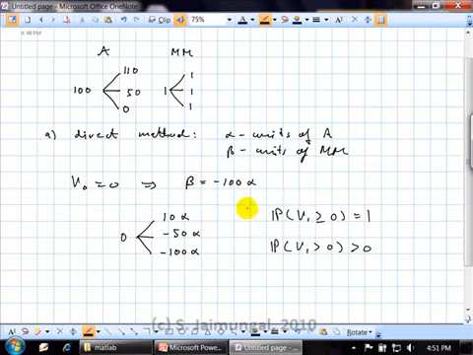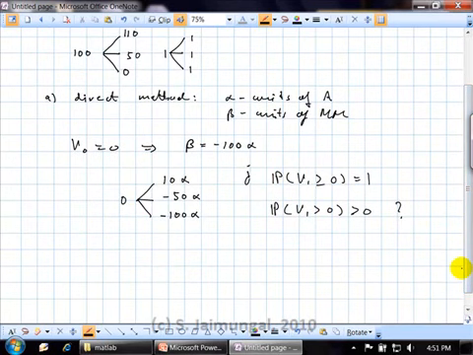So can I satisfy these things? So here's one approach. I can say, well, in order to ensure the first point, what must alpha be? Alpha's got to be 0. Because one coefficient is positive, the others are negative. So alpha must be 0 in order to satisfy the first.